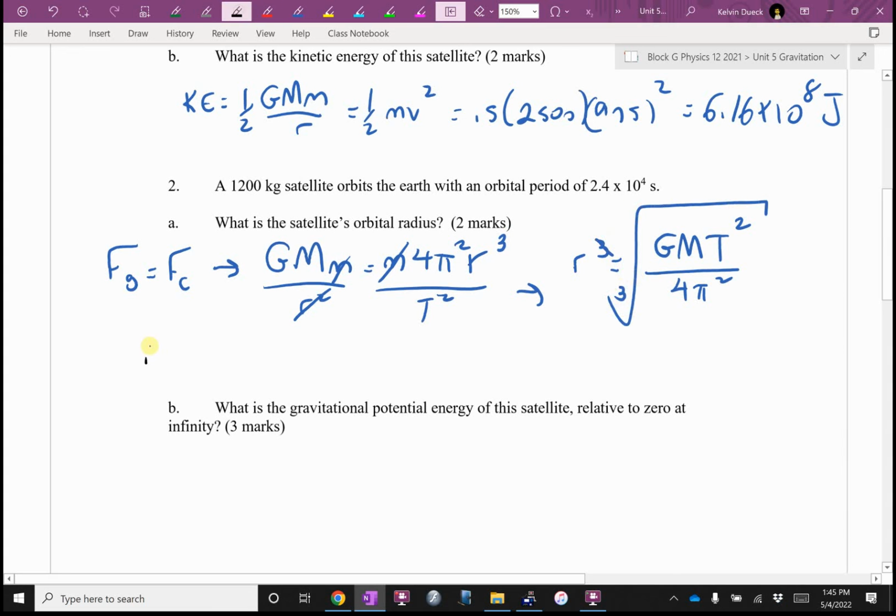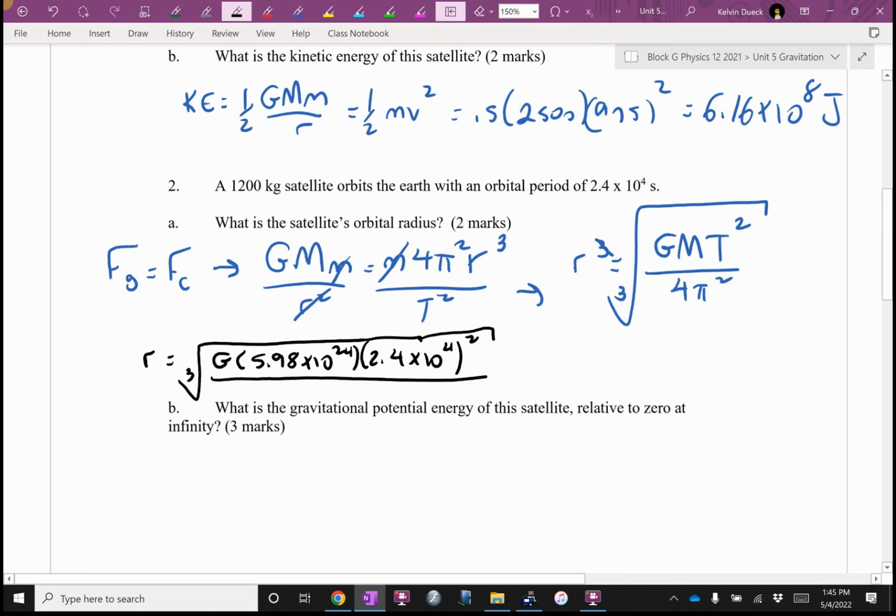So it's going to end up being the cube root of big G, big M of Earth, yep, 5.98 times 10 to the 24th, period, 2.4 times 10 to the 4th squared, all over 4 pi squared.